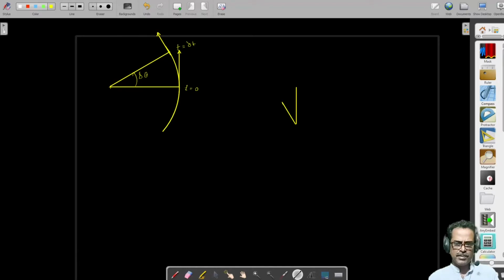Its magnitude remains constant. So the length of the line remains the same. This is the length, the magnitude of the vector, and this angle is equal to del theta.